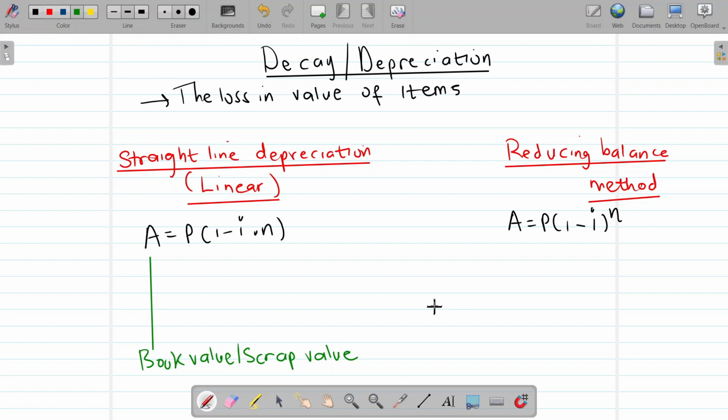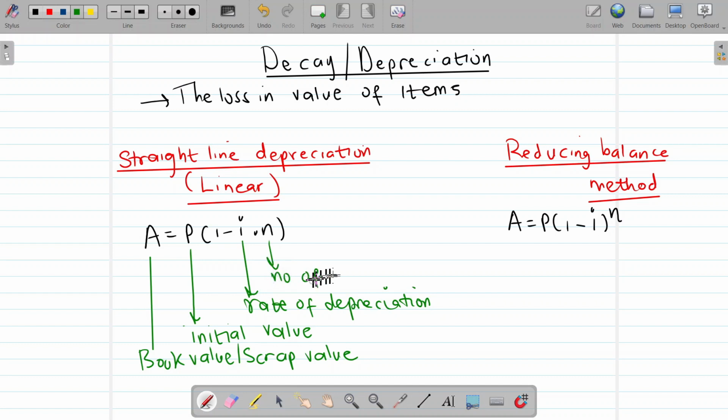That is A. And P is the initial value, while I is the rate of depreciation, while N is the number of years. So this applies for both the reducing balance method and the straight line depreciation.